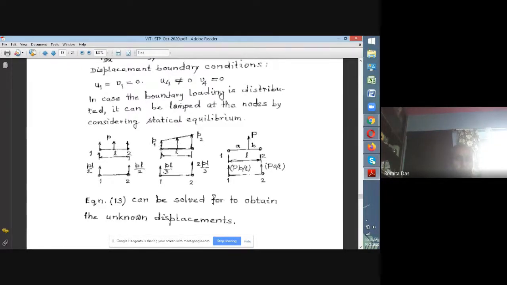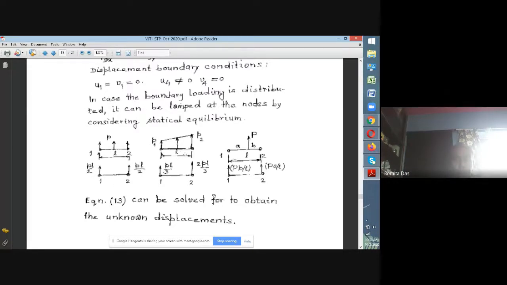So it will be P1L by 2 here, P1L by 2 there, and for the triangular variation, P2 minus P1 over a span L, I can put P2 minus P1 multiplied by L divided by 3 at this node, and 2/3 of that P2 minus P1 multiplied by L on the right node. So that's what we can do.